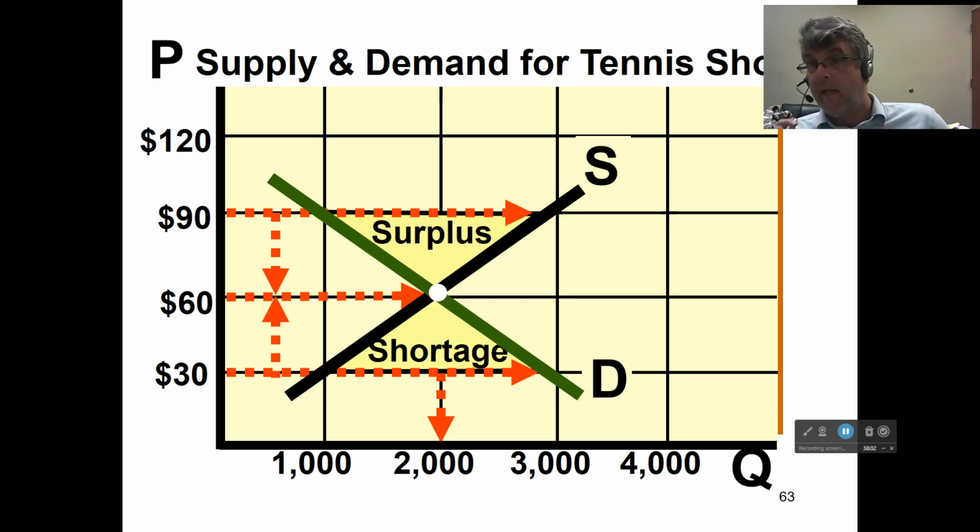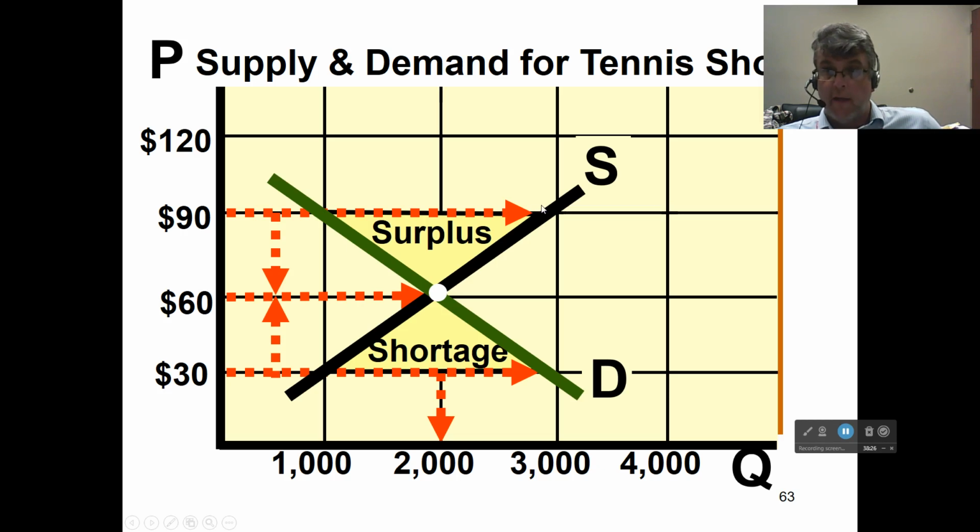Whether or not we ever get there is a different question. Okay, so you can see here how the market forces us towards equilibrium. When we make a mistake, overcharge or undercharge, if we overcharge, that causes a surplus. Quantity supplied is greater than quantity demanded.